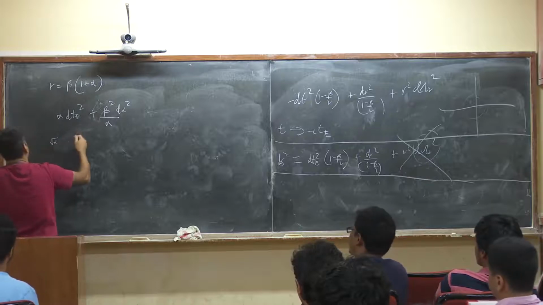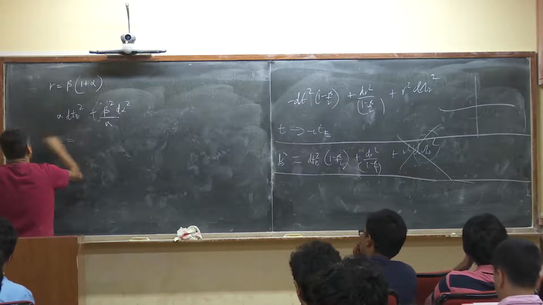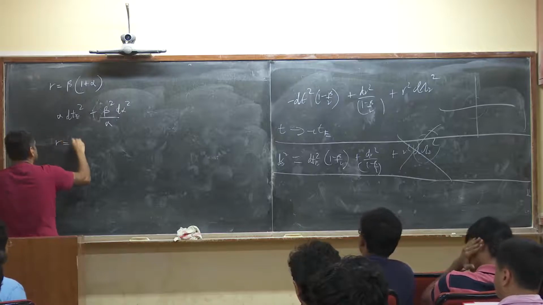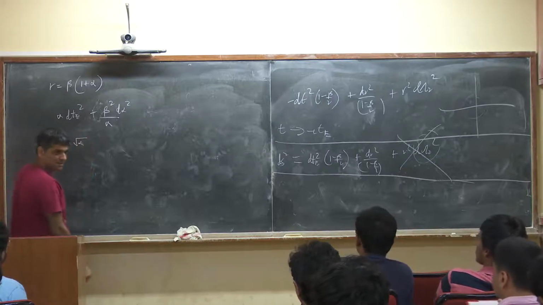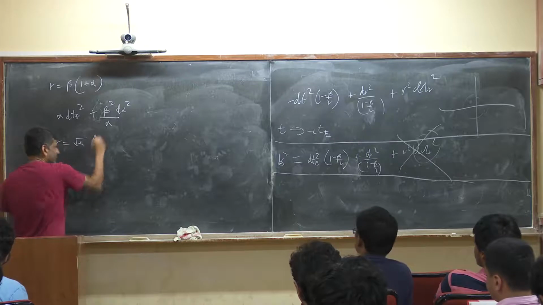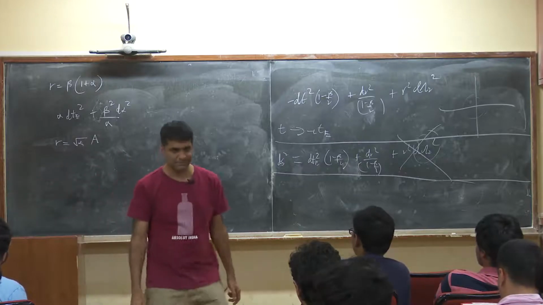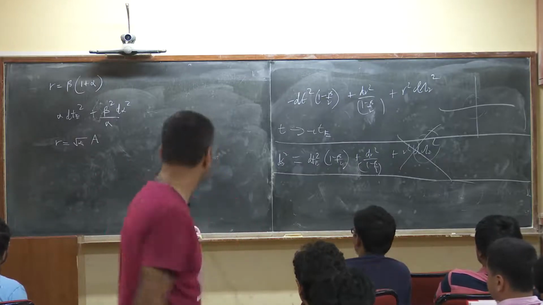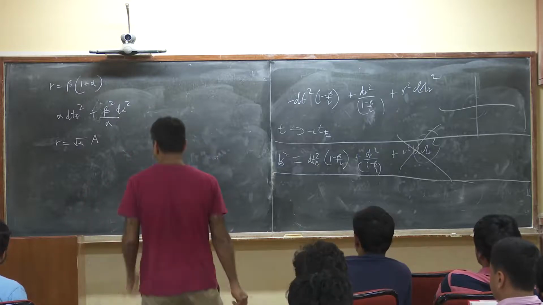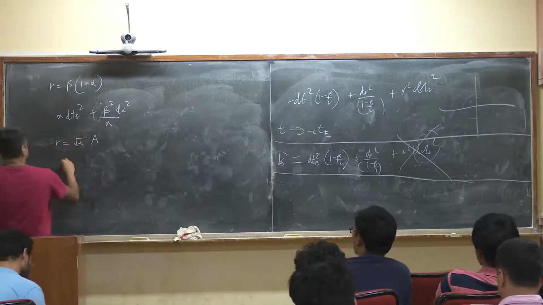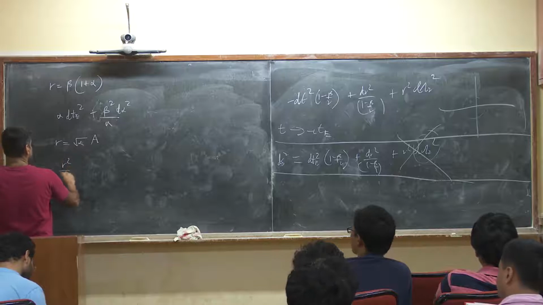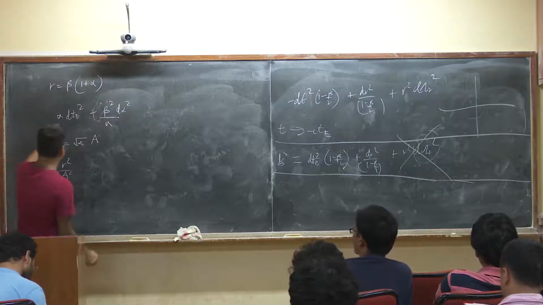Suppose we define r equal to square root alpha times some number a, which we'll fix by and by.